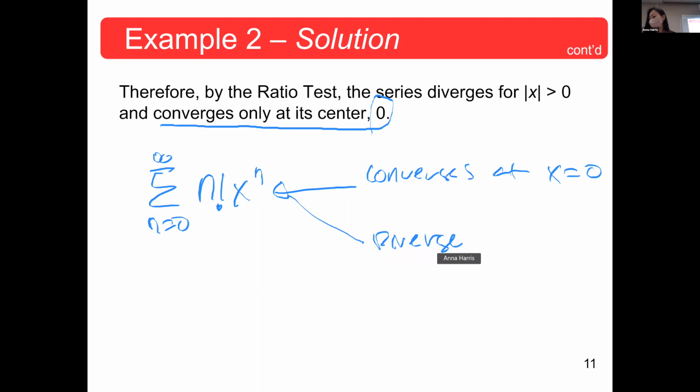Diverges. It diverges everywhere, except at the center. Which makes sense. Look at this problem. It's n factorial. So you plug it in, and as n goes to infinity, of course it's gonna go to infinity.